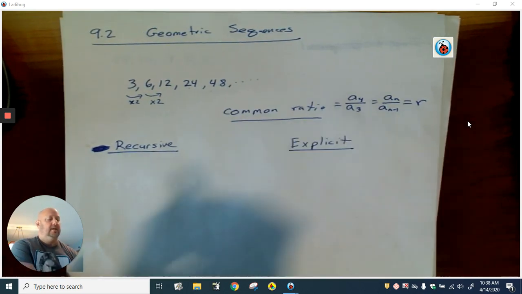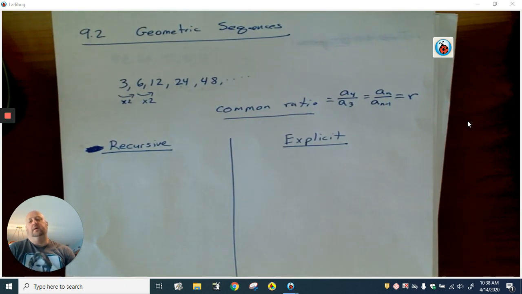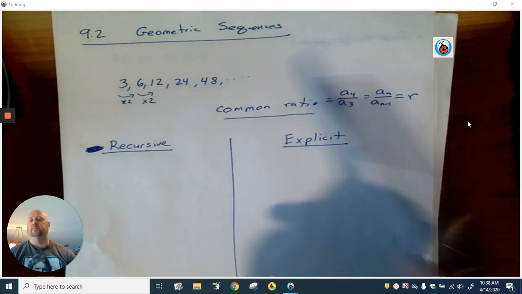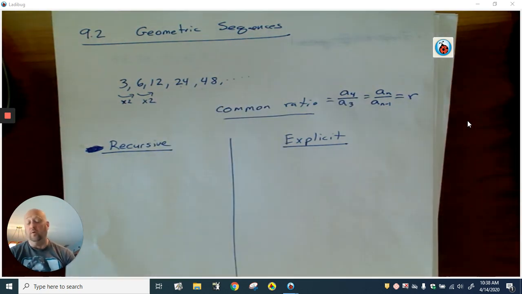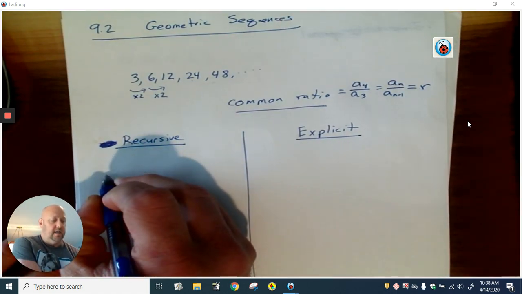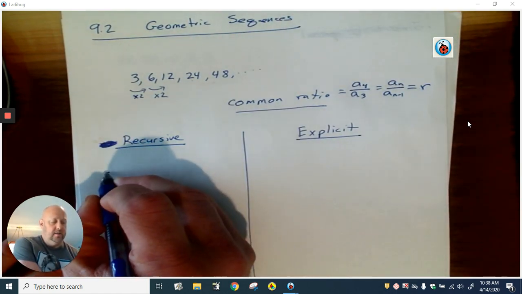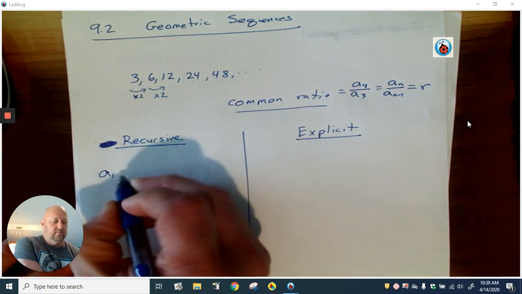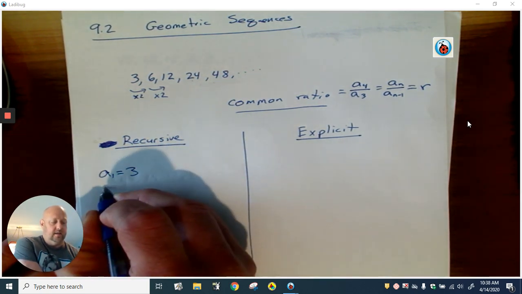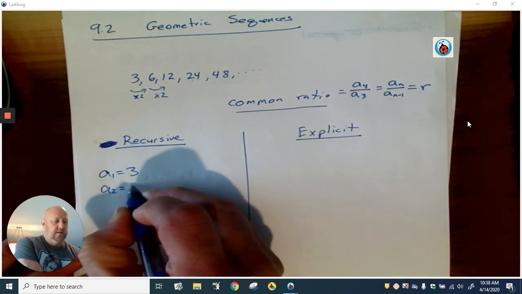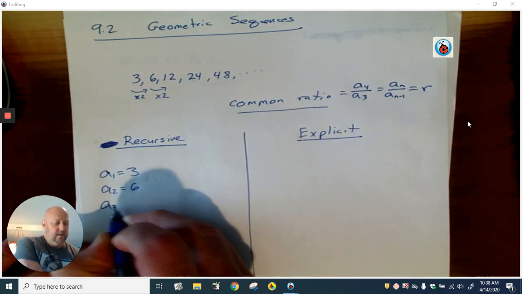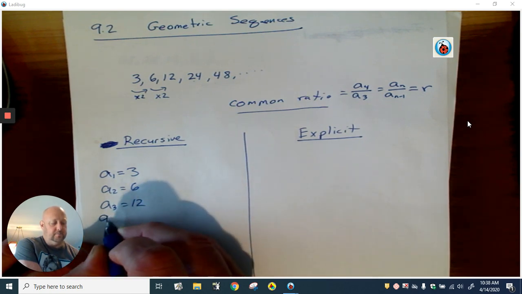Again, we're going to have two different ways to talk about these: a recursive way and an explicit way. The recursive way is kind of the long way of doing things. If I wanted to find the 24th term of the sequence, I could just multiply by 2 over and over again. I know a sub 1 is 3, so I multiply by 2 to get 6, multiply by 2 again to get 12, and keep this pattern going.